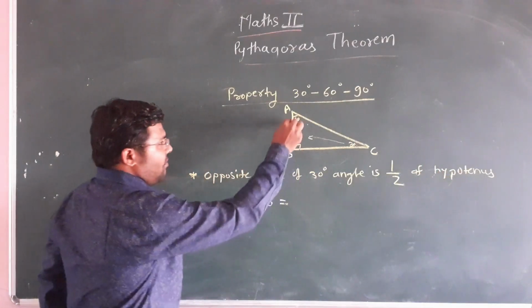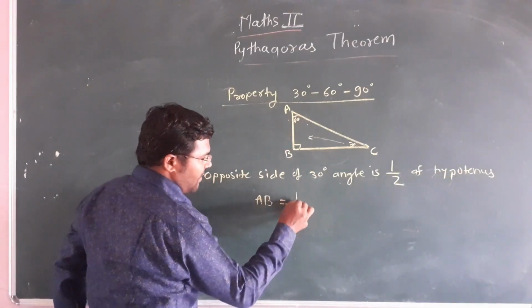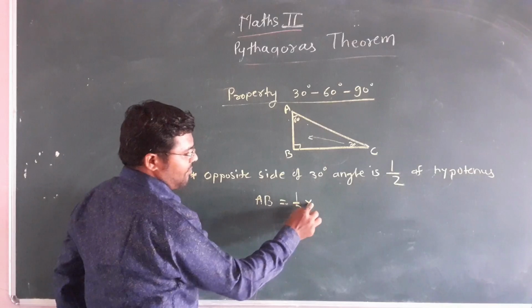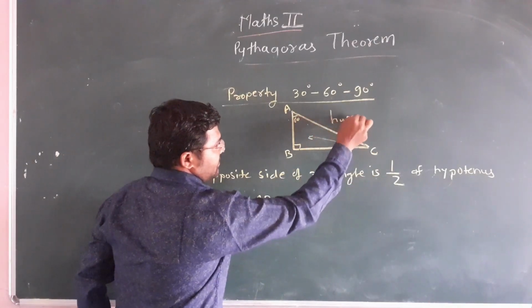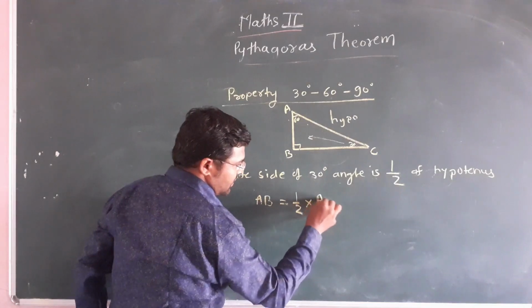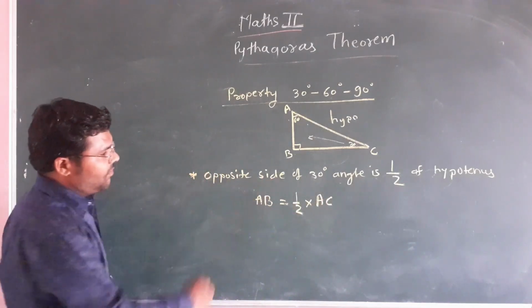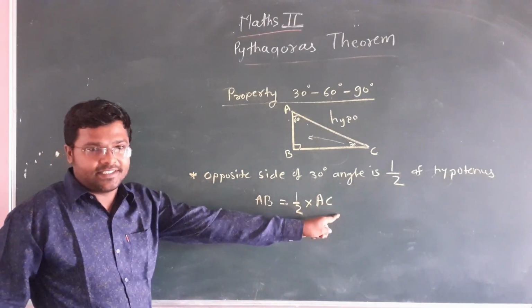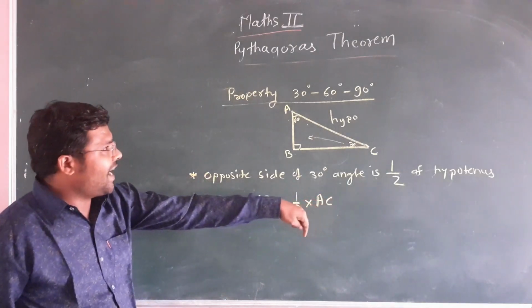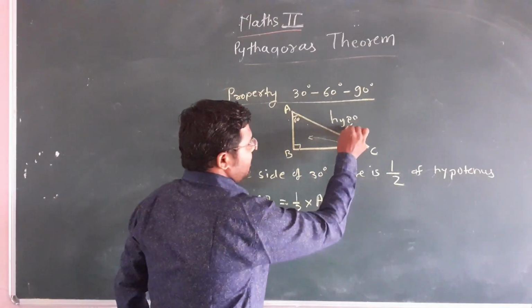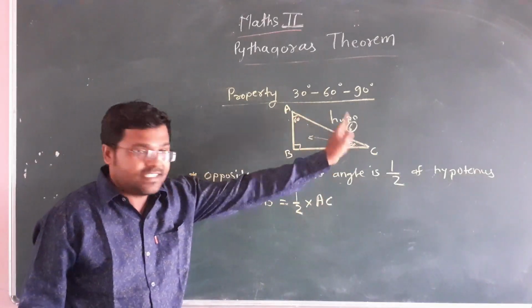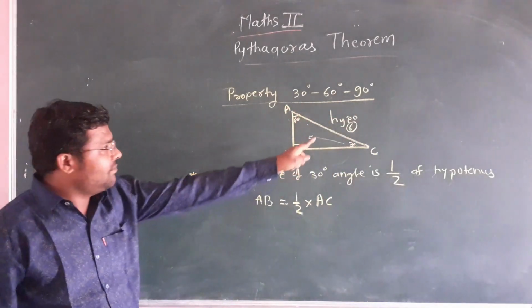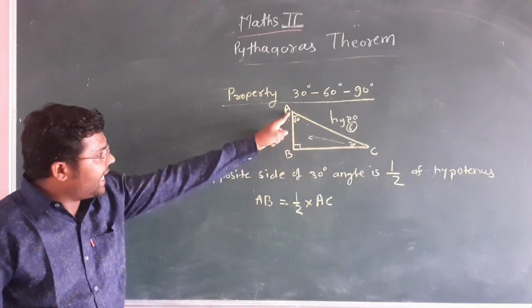So the length of AB is equal to half of the hypotenuse. Hypotenuse is AC. So the opposite side of 30 degree angle is half of AC. If AC is equal to 6, then what is the length of AB?